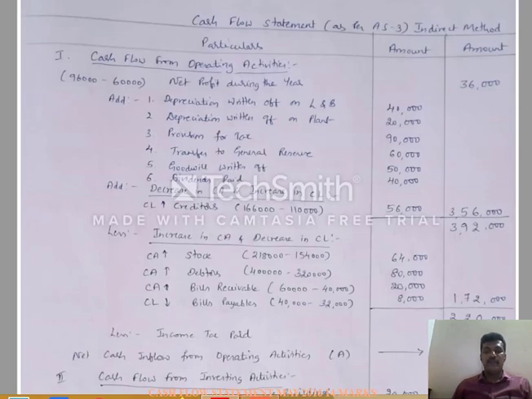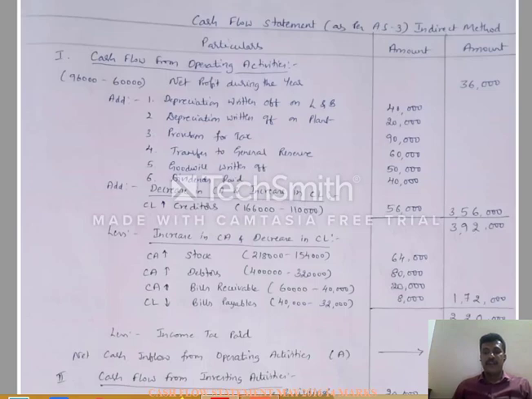So we have stock, debtors and bills receivables, which are increased during the year by rupees 64,000, 80,000 and 20,000. And we have one current liability item which is decreased, that is bills payables, which are decreased by 8,000. So the sum total of that comes to 1,72,000.